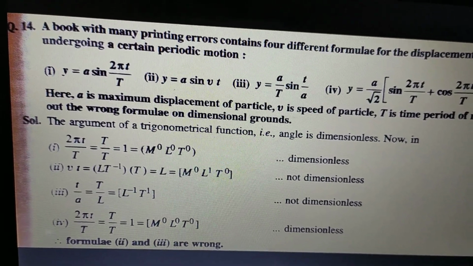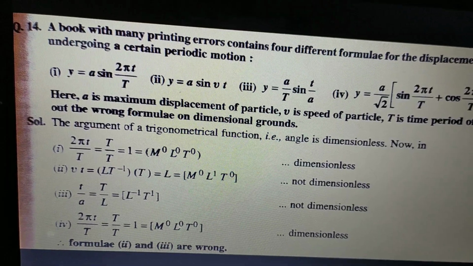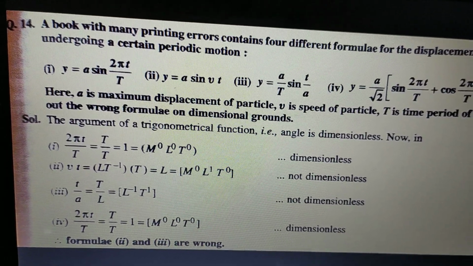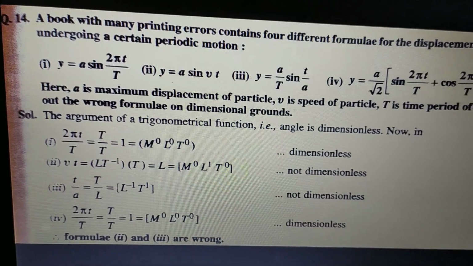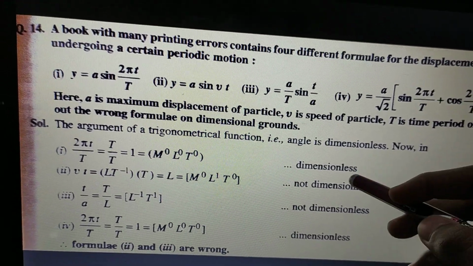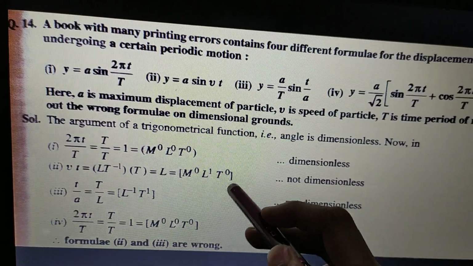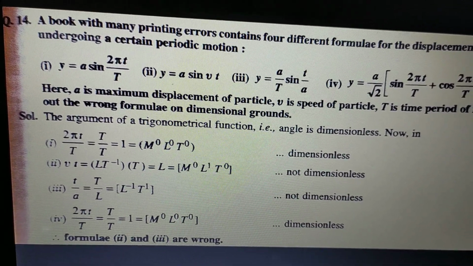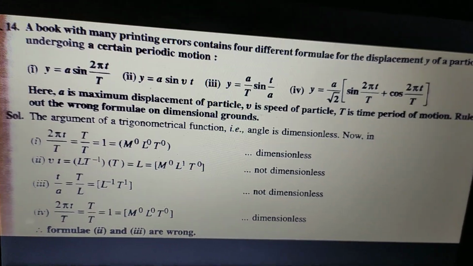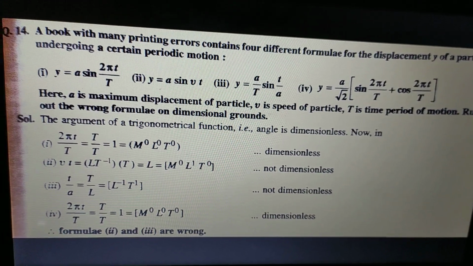It is never in meters or any other quantity. So theta should be a dimensionless quantity. So formulas 1 and 4 are correct as they are dimensionless, and 2 and 3 are wrong because they are not dimensionless, they have some dimensions. So okay, that's it for today. Thank you.